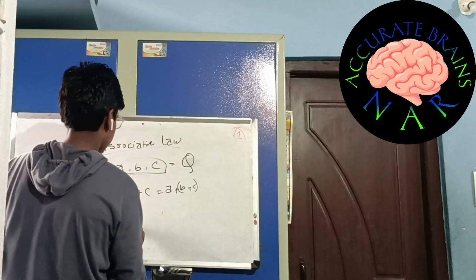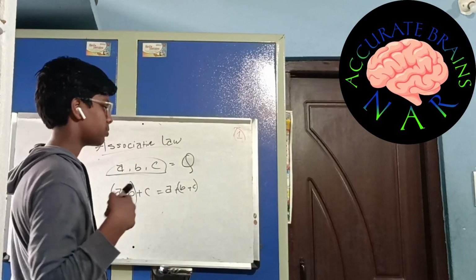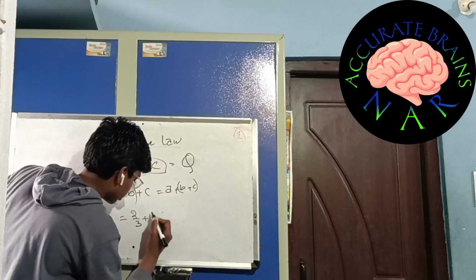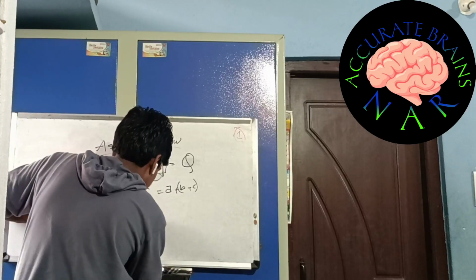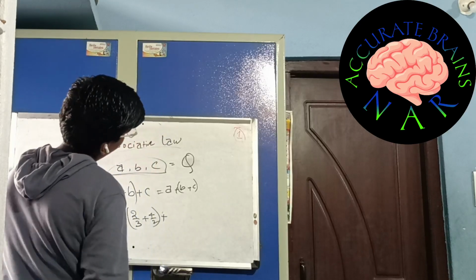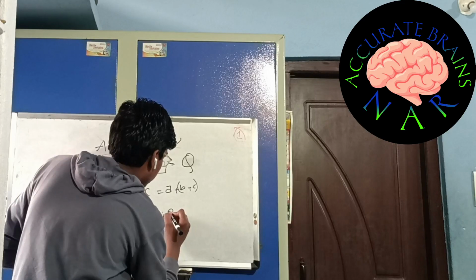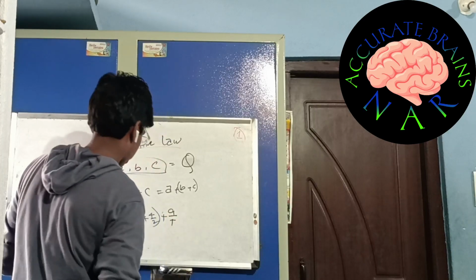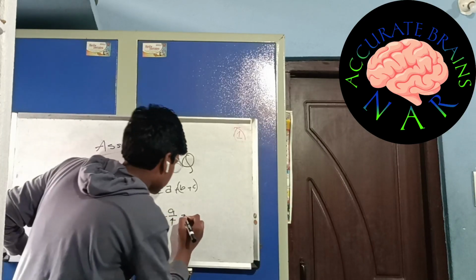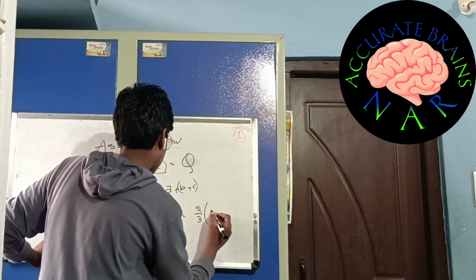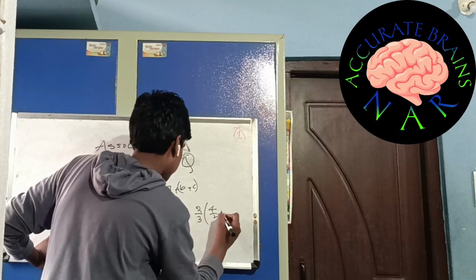Okay, so for example, we take the same examples by adding a number C. So 2 by 3 plus 4 by 2 plus 9 by 4 should be equal to 2 by 3 plus 4 by 2 plus 9 by 4.